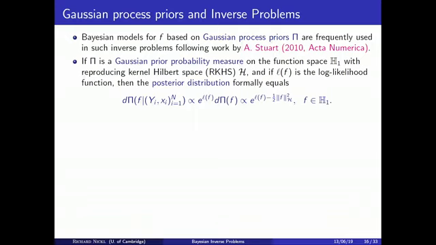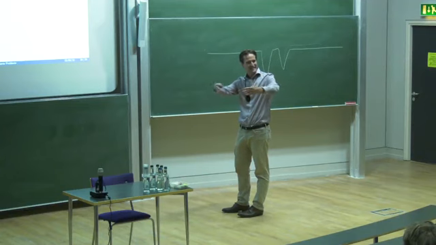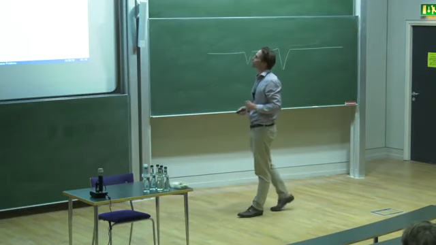They're not just finite dimensional normal distributions. They're the infinite dimensional versions of it, and they are typically characterized by a reproducing kernel Hilbert space, which describes the support, not exactly the support, but somehow the effective support of your prior.